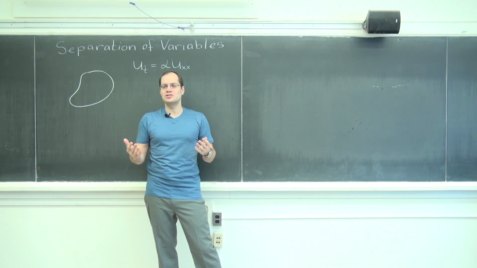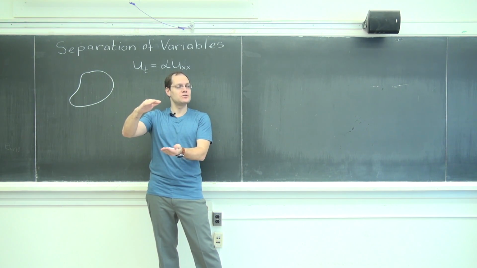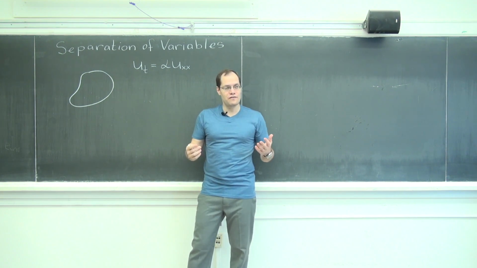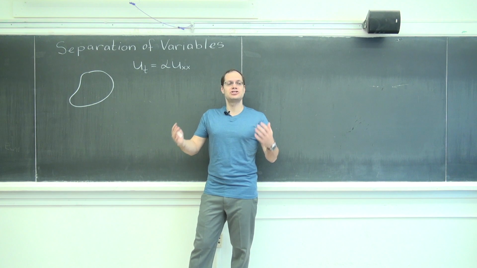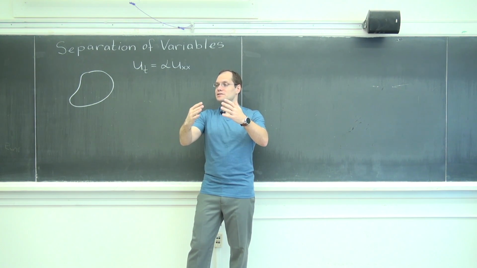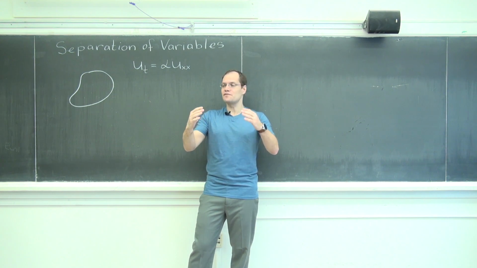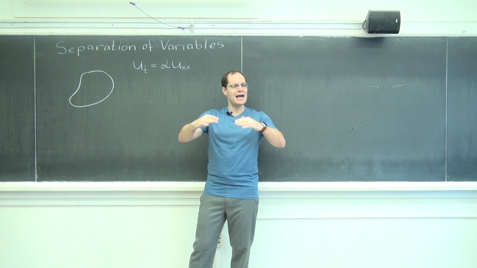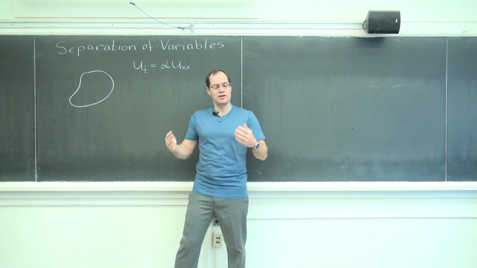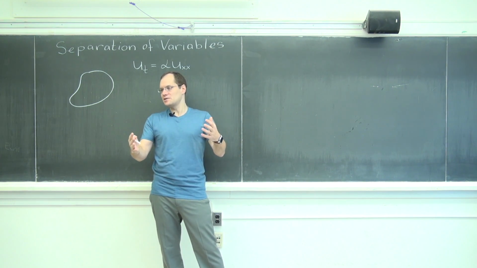So it kind of keeps its shape, but the amplitude, if you want to call it that, decays. So what we're going to look for is a solution that looks just like that, a profile whose amplitude depends on time. So it sort of keeps its shape, but its amplitude depends on time. So a solution like that will look like some function of x and y.